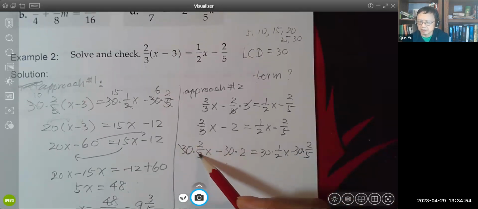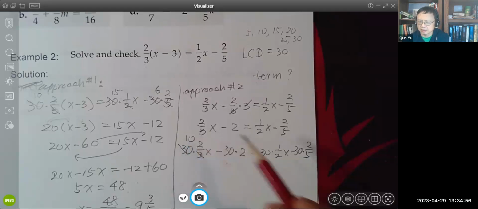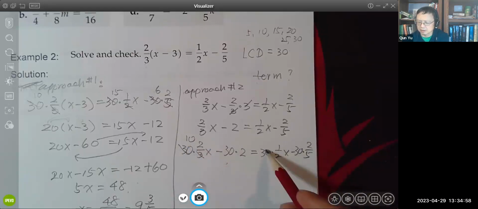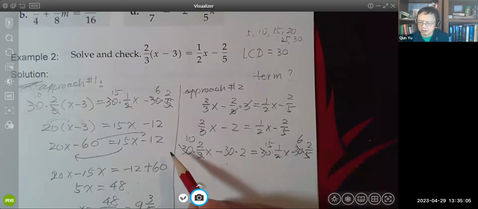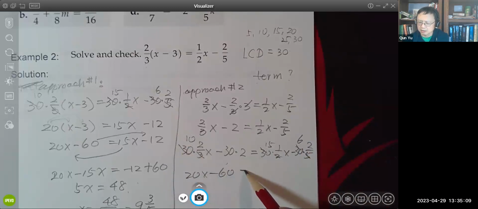Now 30 divided by 3, that's 10. And now 30 divided by 2, that's 15. 30 divided by 5, that's 6. 10 times 2, 20x minus 60 equals 15x minus 12.